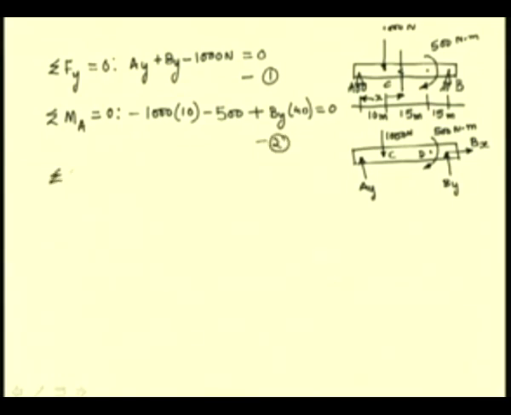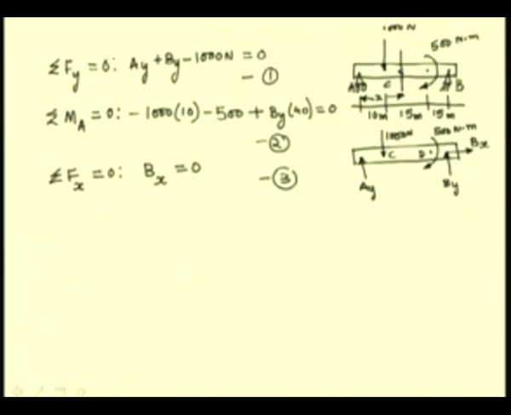And let us write the force summation for the x axis. We have only one horizontal component of the force, that is Bx, and so it has to be 0. So, from these three equations we can determine the three unknowns, that is Ay, Bx and By.